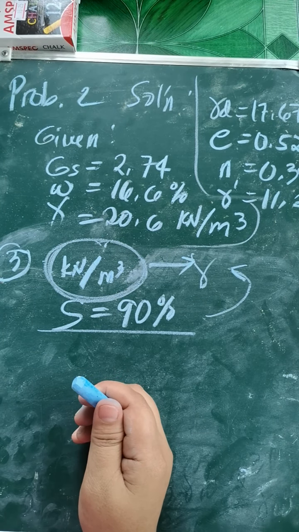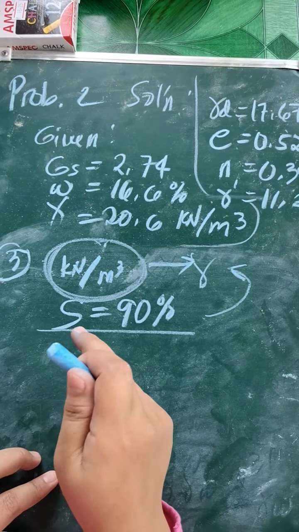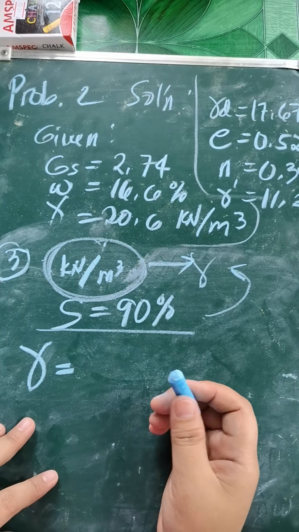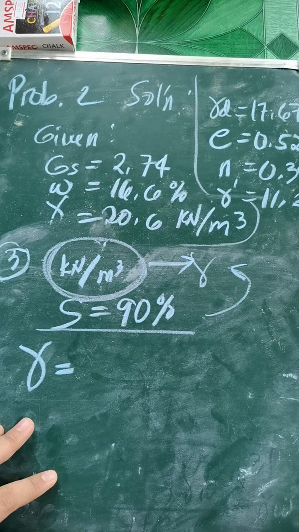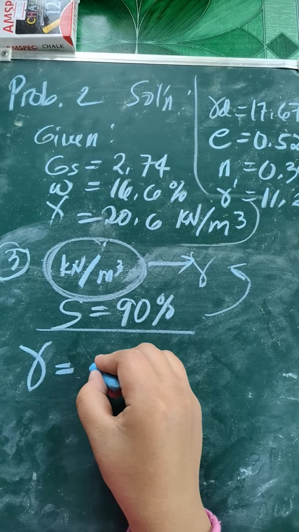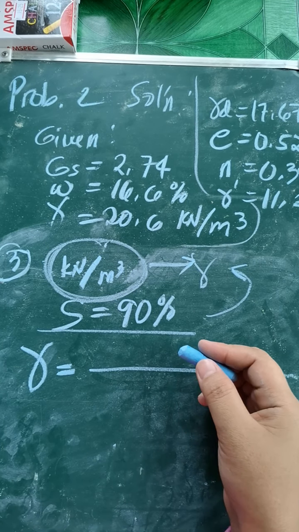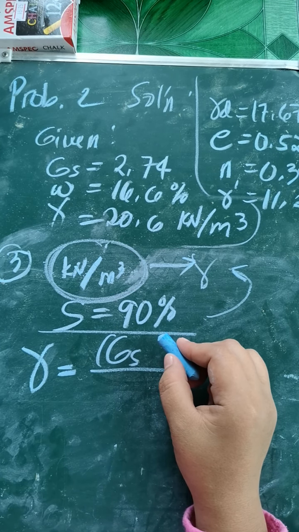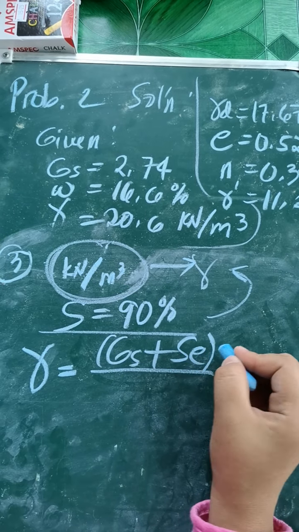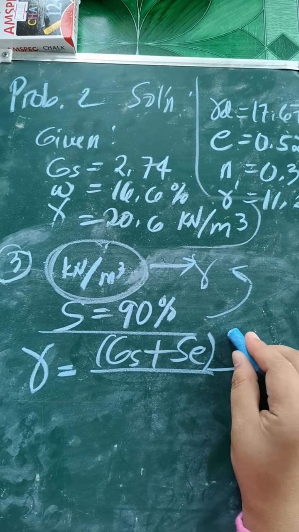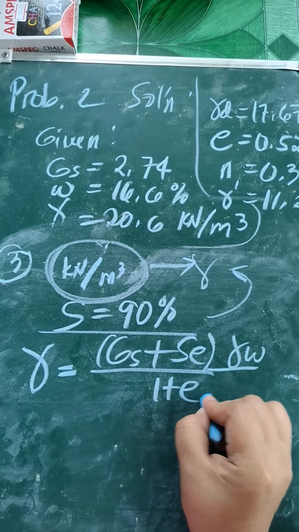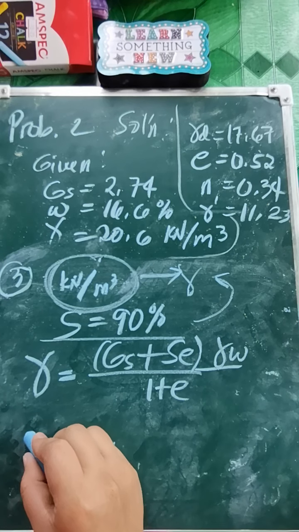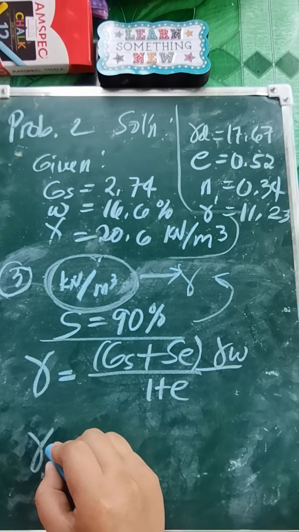So let's take a look at what the equations are. So we have gamma moist, and we have already many given values here. So the equation to use is GS, or specific gravity, plus SE times the unit weight of the water over 1 plus E. Okay, so let's substitute the values. So we have gamma moist.